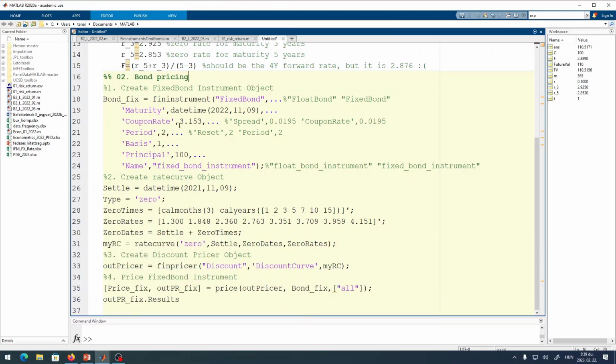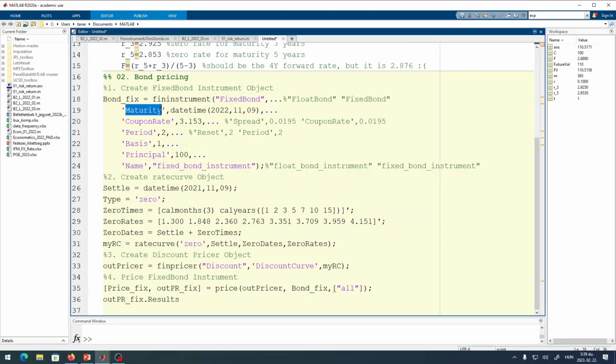And you can see that it's already prepared, because we can price fixed bonds and also floating bonds with that one. So if you are switching back and forth or changing the function here, then you can do it easily.